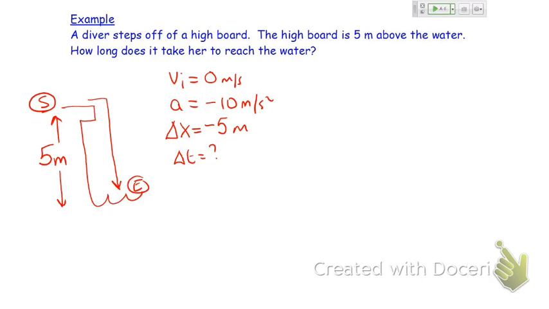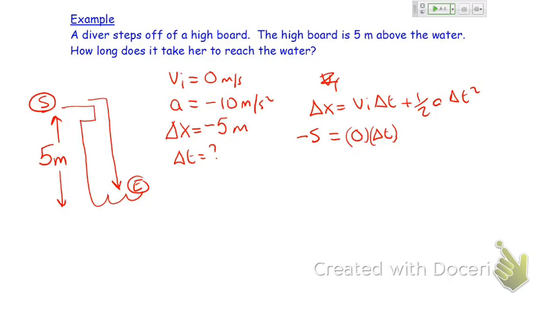So I could say VF, delta x equals VI delta t plus 1/2 a delta t squared. So -5 is equal to 0 times delta t. That's kind of nice. Plus 1/2 times -10 times delta t squared.